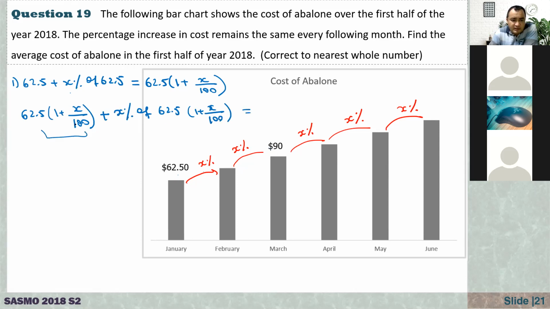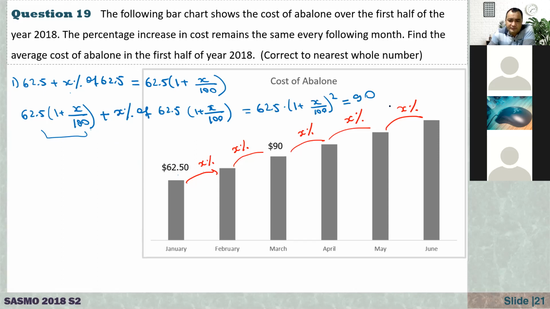This one is a common factor, and inside we have 1 plus X percent. So here we have 62.5 times (1 plus X over 100) to the power of 2. From this equation, first we can find X, and after that we can find the other values.